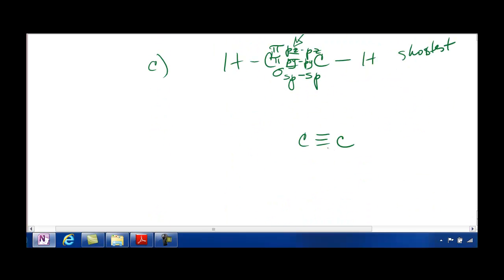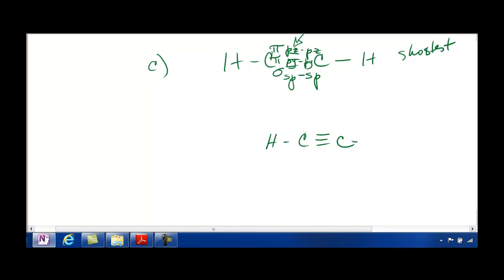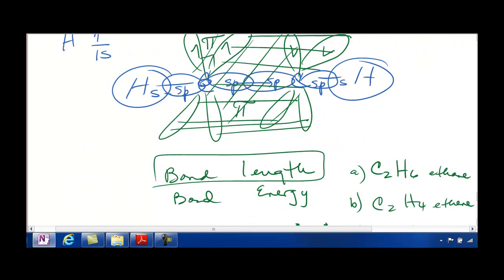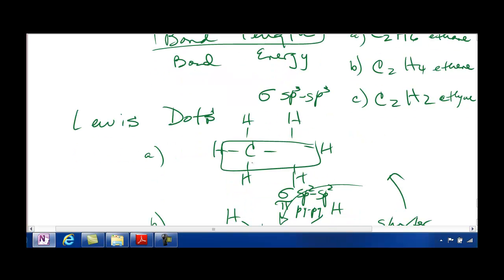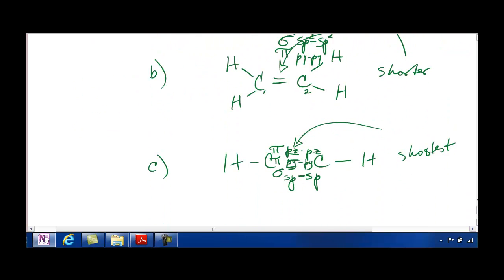If you're going to break a triple bond, which is so little and so tiny, is it going to require the same energy as breaking a very long, labile bond? No. This one is going to have the lowest bond energy, the easiest to break, much easier than the double.